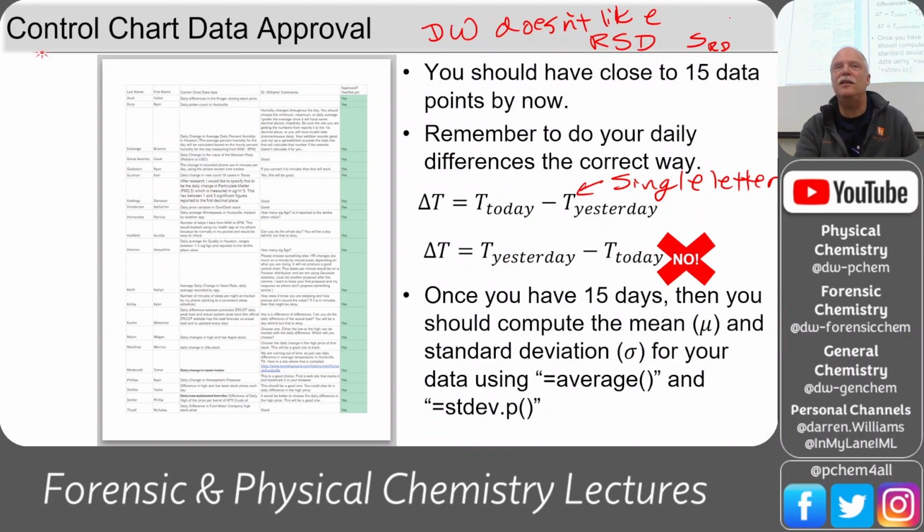So if you talk about the RSD of a process, that's the relative standard deviation, but that's really not the ACS style, to have 3 capital letters representing a single variable. Do you see how confusing it would be if you didn't know what that was, and you're looking at an equation and you see RSD and you're like, okay, what's R, what's S, and what's D? So we want our variables to be a single letter. You can use all the subscripts you want, okay?